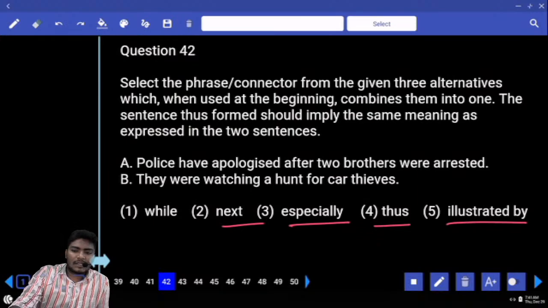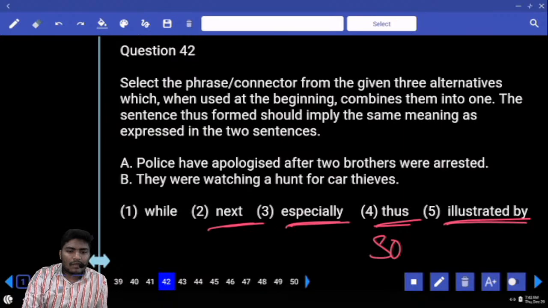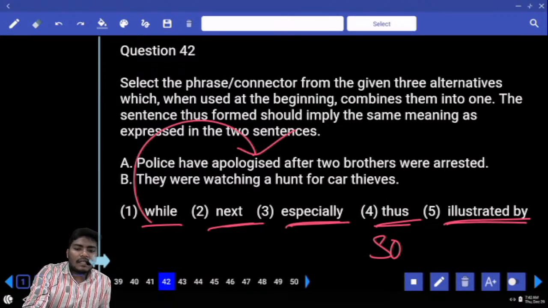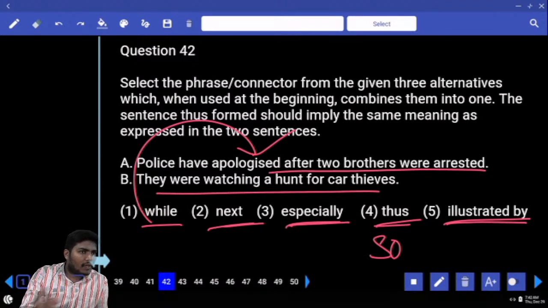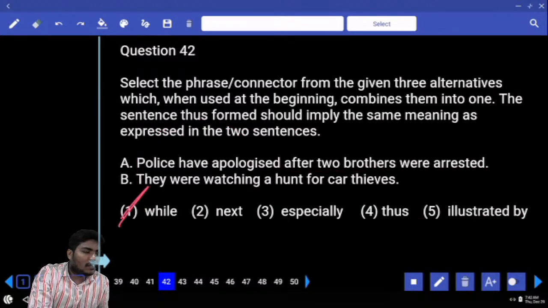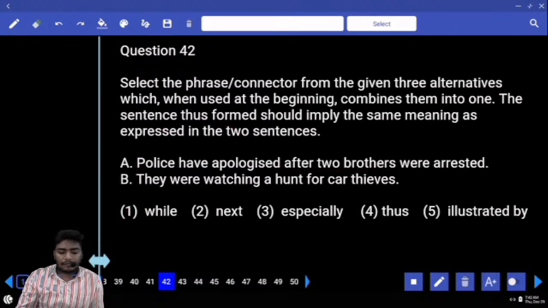If you look at these options, illustrated in the sense explained by somebody, thus gives the meaning of so, conclusion, especially gives the specialization of something, next in the sense adjacent to or subsequent action. Now out of these 4, which one can we use? Can you tell me? And look at this. While police have apologized after 2 brothers were arrested, they were watching a hunt for car thieves. We are referring to 2 separate incidents here. Now 2 separate incidents can only be used with the first one, while.